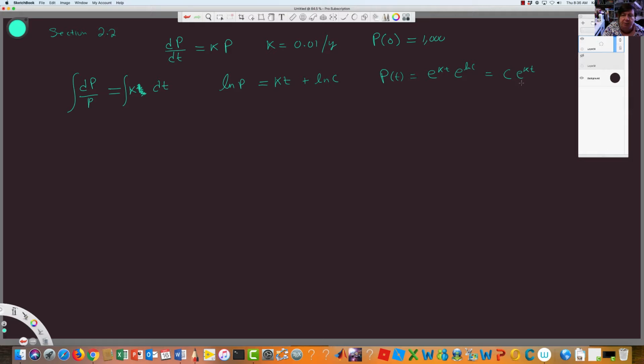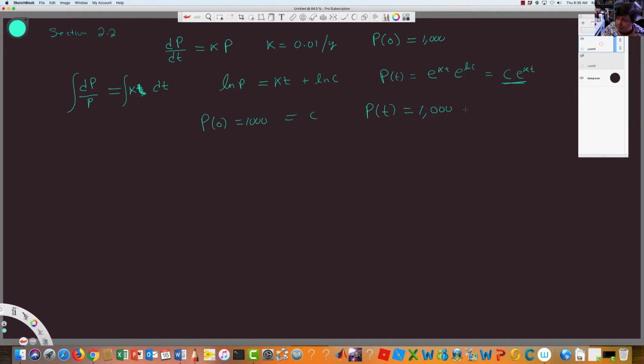And as you can see, it exponentially rises because k is a positive number. Let's implement our initial value now. P at 0 is supposed to be 1,000. And if we look at p over here at 0, it's just c. So that tells me that c better be 1,000.